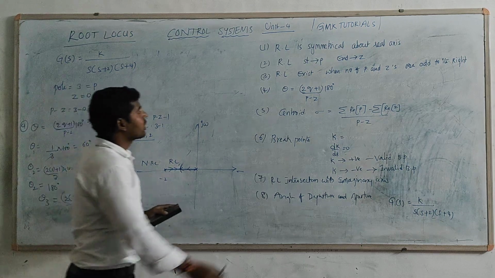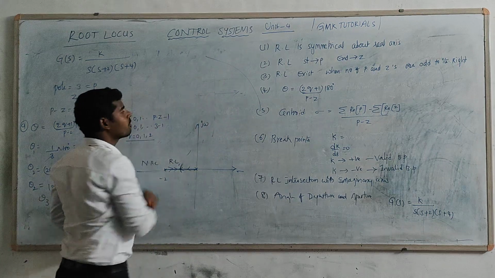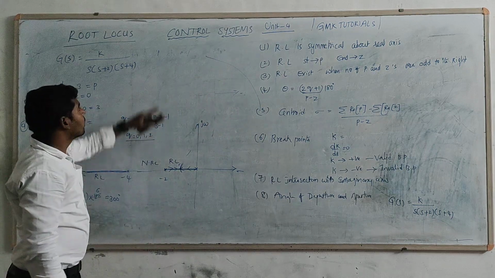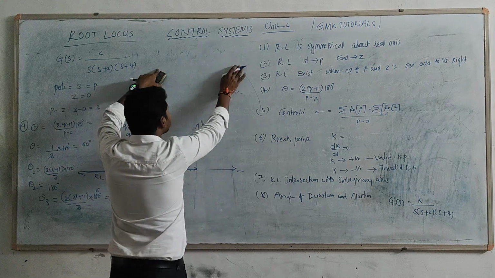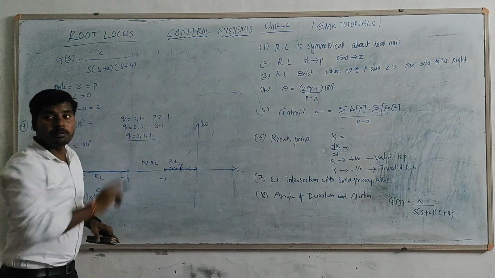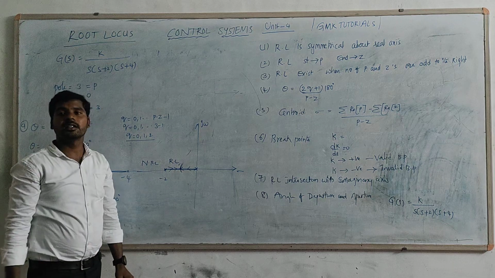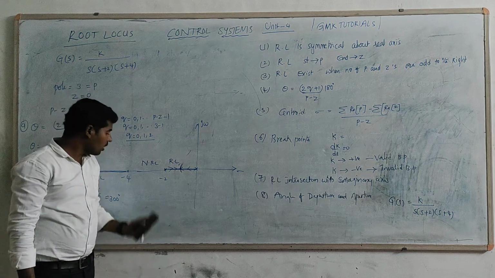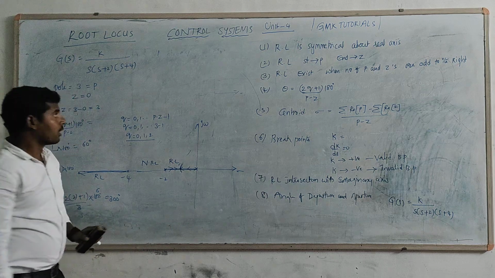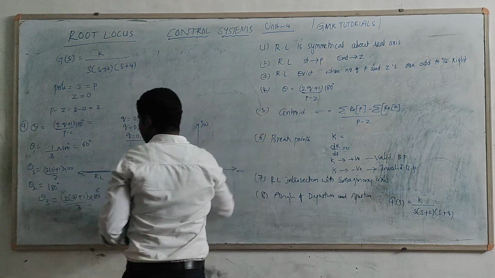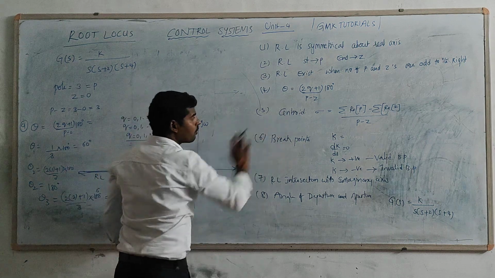So centroid is nothing but, this is the generalized formula for centroid. All asymptotes meet at a point, which is generally called the centroid.